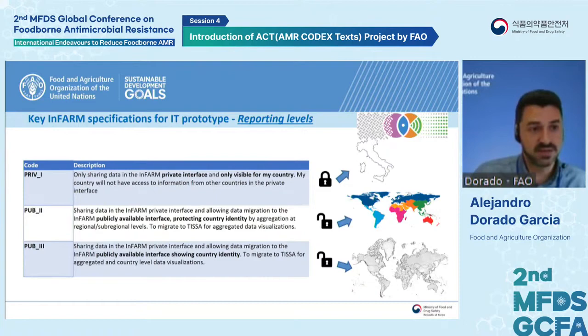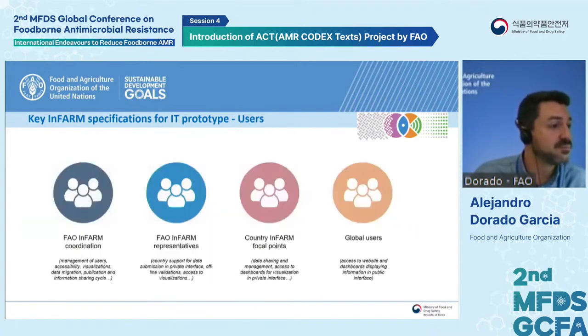This is also for us to test the willingness of countries to participate, ideally in level 3, which is the one most useful for integrated surveillance at the global level. And it will also enable us to make comparisons, for example, with the data of GLASS, the antimicrobial use and resistance data in humans, which is disaggregated at country level.